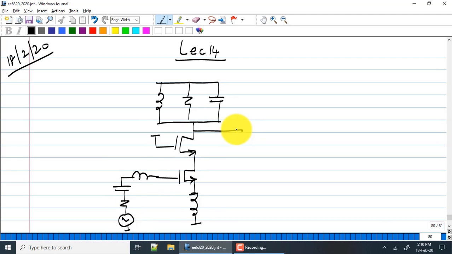Okay, and this is your output. So what we want to find out is the output short circuit noise current. Okay, so let us assume that we are finding out... Did we do the output short circuit noise voltage or current? If we do the voltage, let's do the current because it's easier.